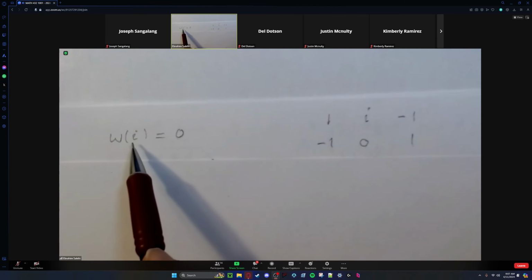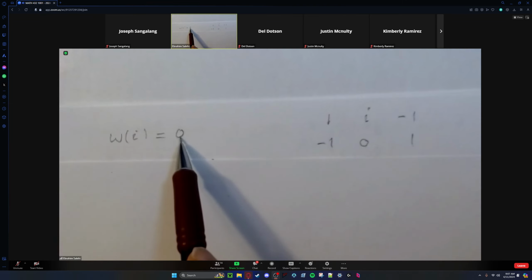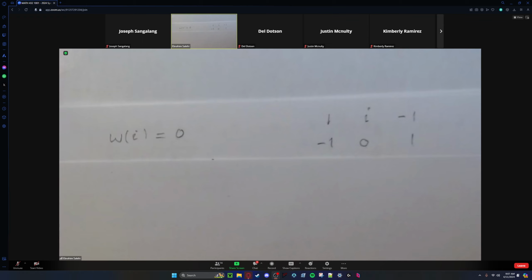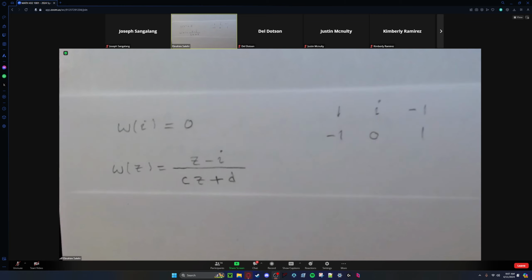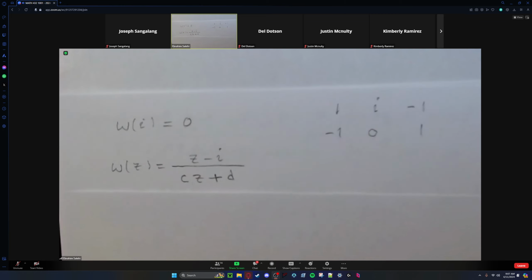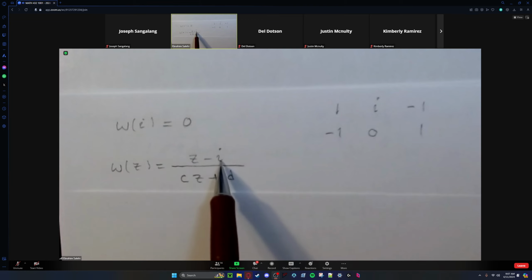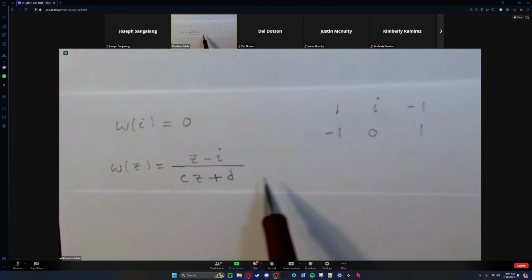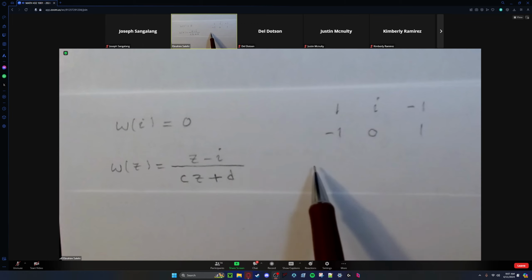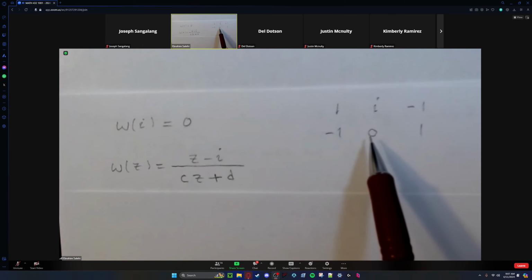As soon as i goes to 0, the numerator should look like z minus i. All right? Now this function, if you plug in i, the numerator will be 0, so it's 0. So we used this one.